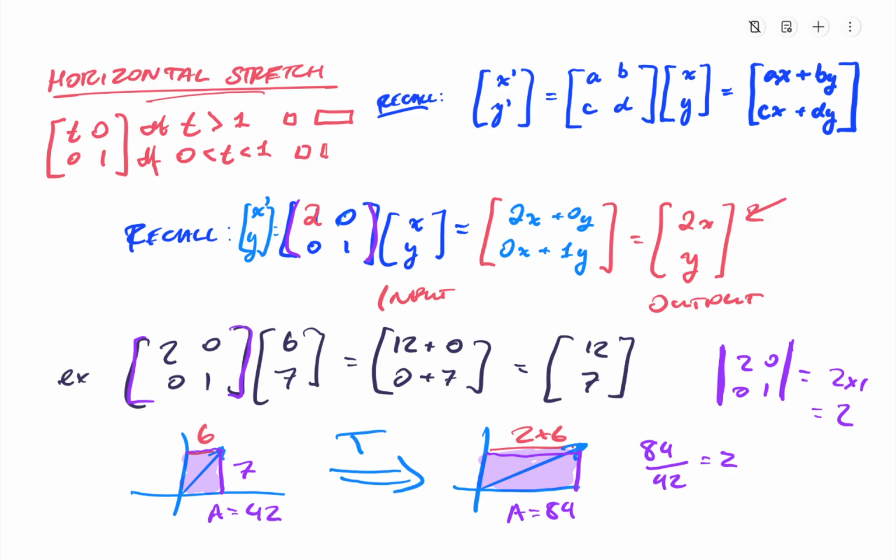And if I take the determinant of this matrix, I would get t. So the area of this rectangle would be multiplied by t, and it would get larger or smaller depending on whether the stretch factor t is greater or less than 1. We'll just look at the positive ones for now.